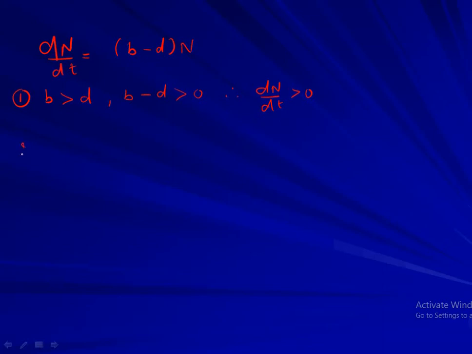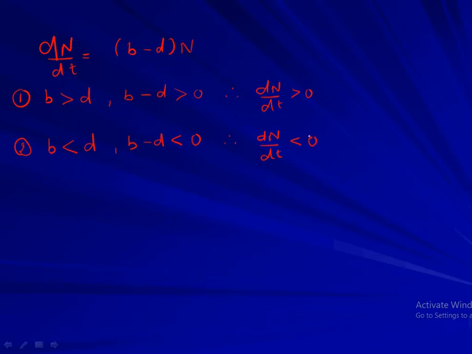In the second case, where b, that is birth rate, is less than the death rate, then b minus d is less than 0, that is, it is negative. Therefore you can say dN by dt is also negative.